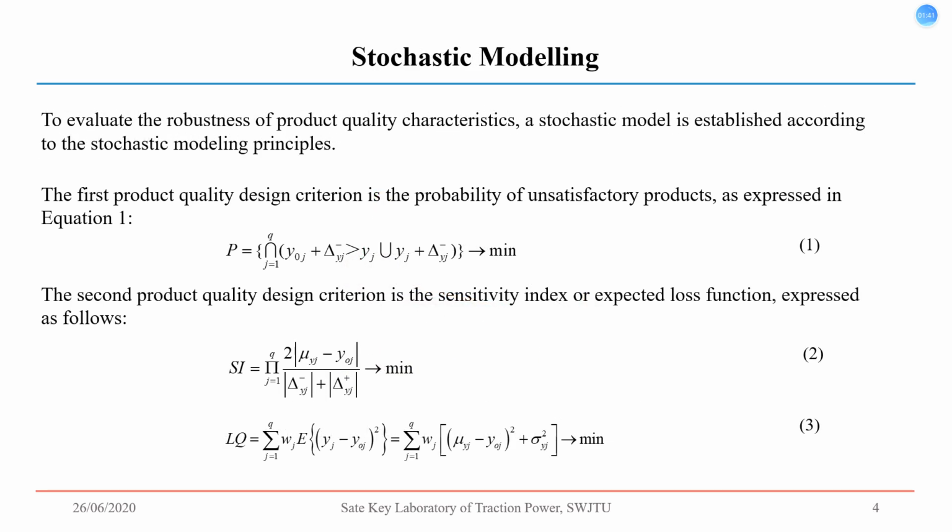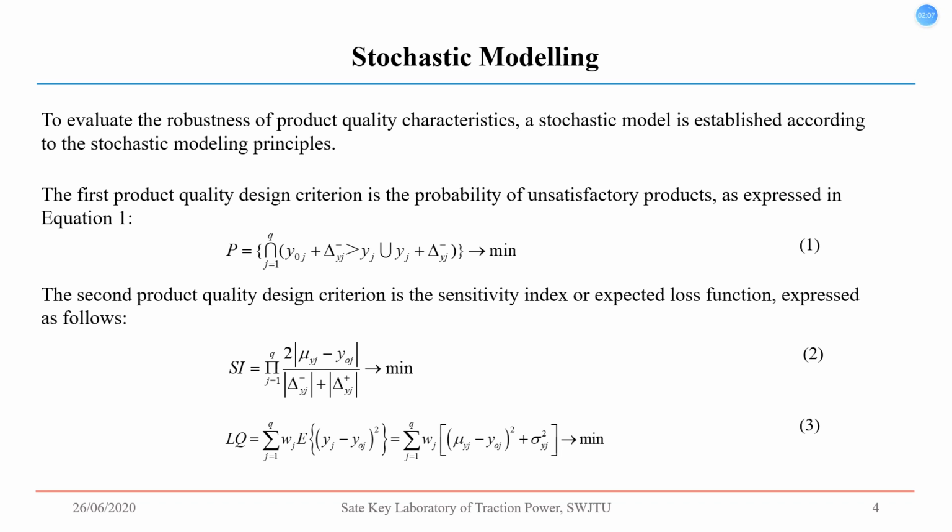To evaluate the robustness of product quality characteristics, a statistical model is established according to the statistical modeling process. The first product quality design equation is the property of a satisfactory product, as shown in equation 1.